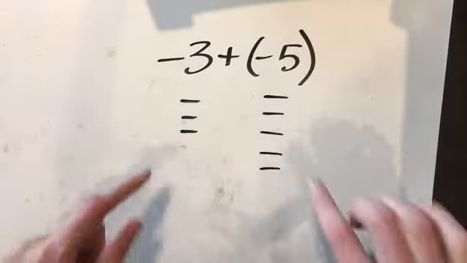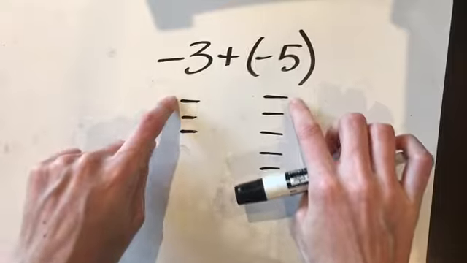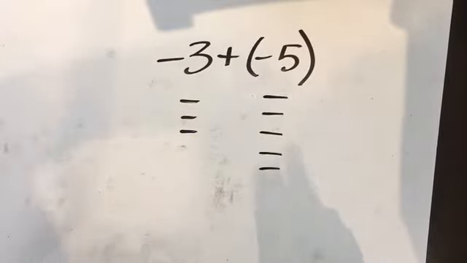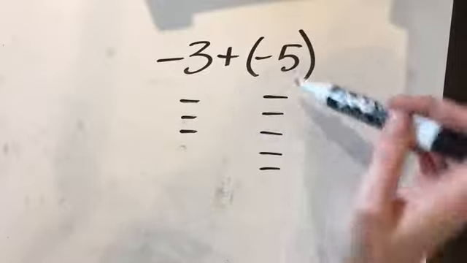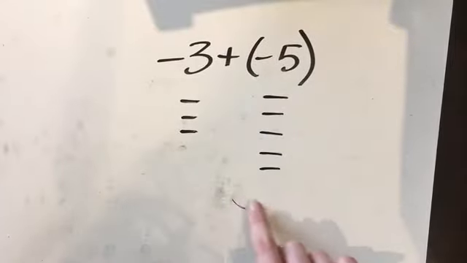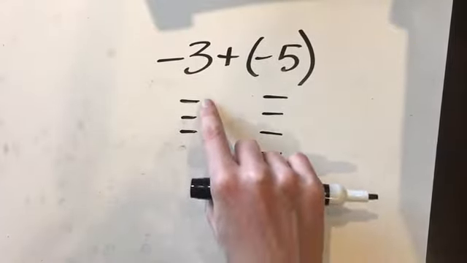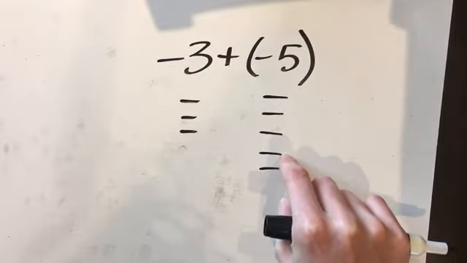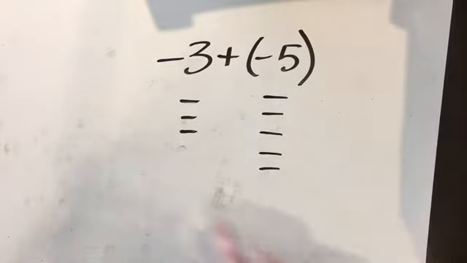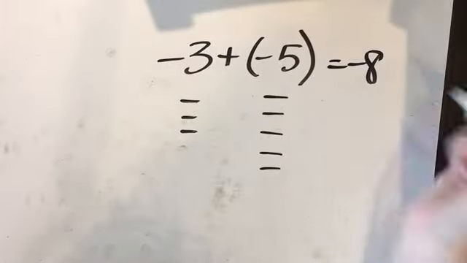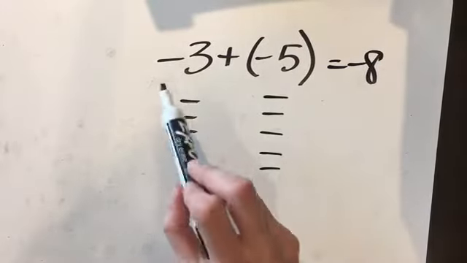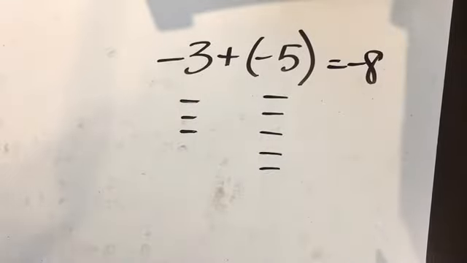Now my question is, does a negative cancel out a negative? Well, maybe in English it does, but it does not in adding, okay? So really, we just add all of these negatives up. None of them canceled each other out, okay? So we have 1, 2, 3, 4, 5, 6, 7, 8. -8 is our answer. -3 plus a -5 is -8.